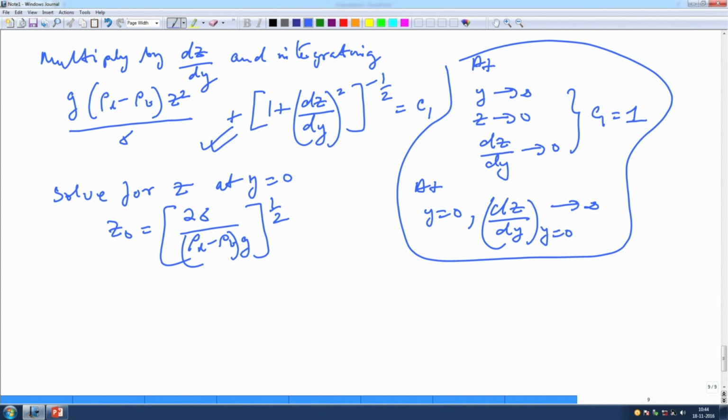That is z naught, the height through which the liquid actually moves. We can also show that y by LC, we will define LC shortly, do not worry. If you solve for the whole thing, it is more complicated.